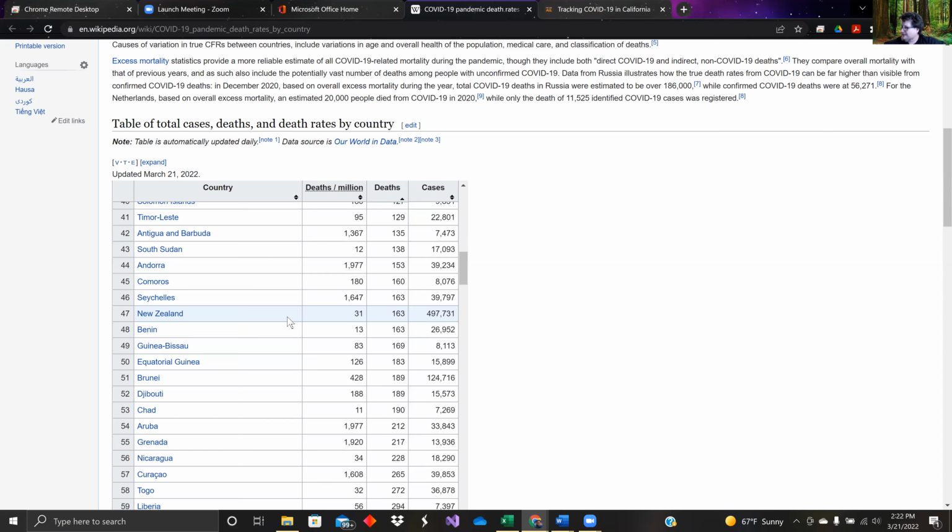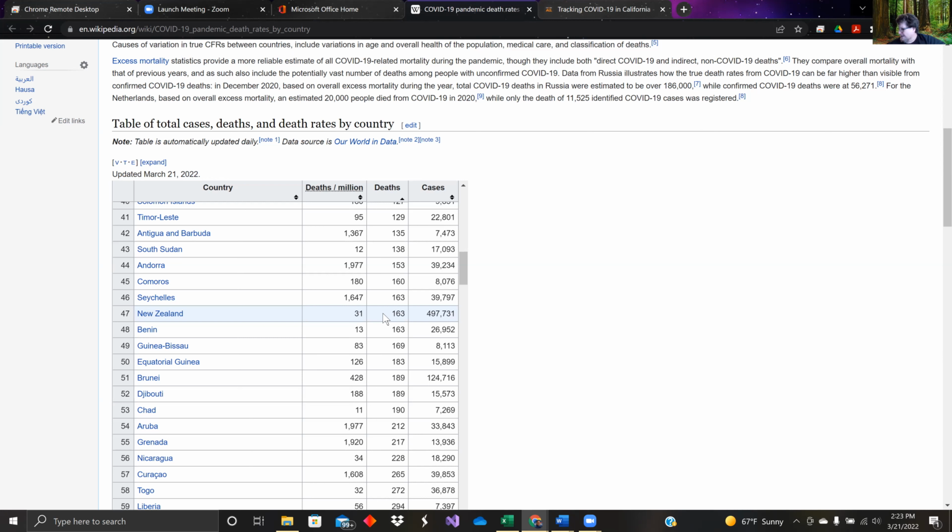And if I look at New Zealand, New Zealand has 163 deaths over 497,731 cases. Throw that in a calculator. I am getting 0.0003275.